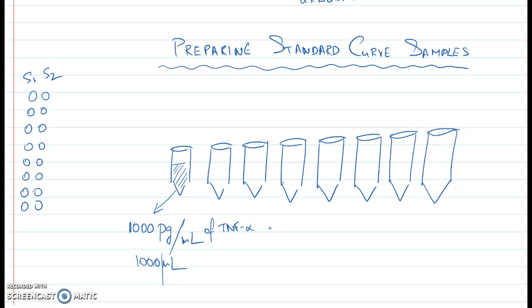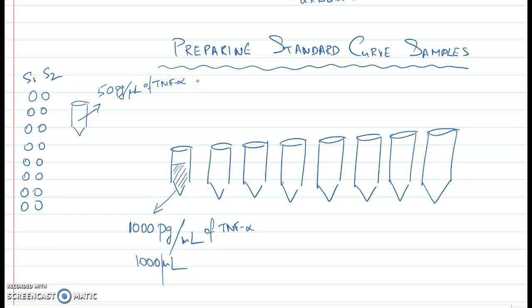You basically prepare a very concentrated solution of TNF-alpha. I have it in the freezer, here's my tube where I have a 50 picogram per microliter of TNF-alpha.